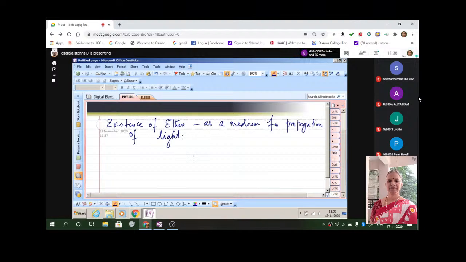This is a very, very important consideration as far as classical mechanics is concerned.